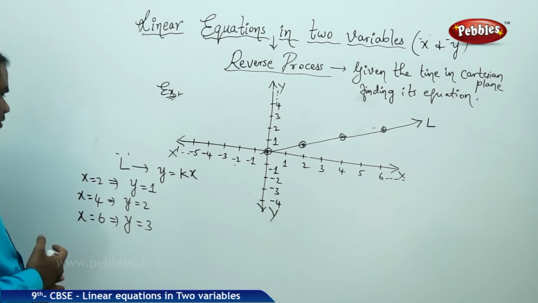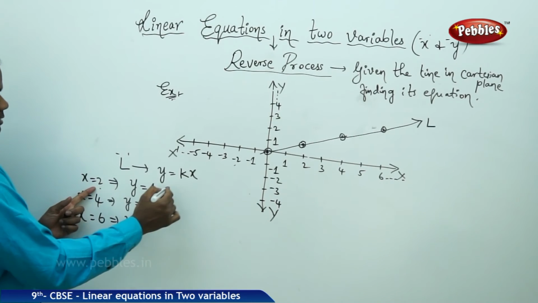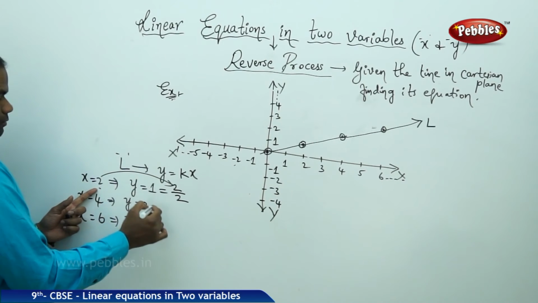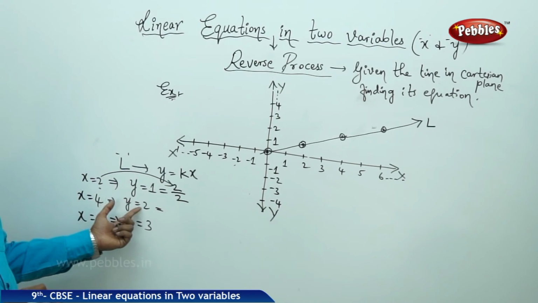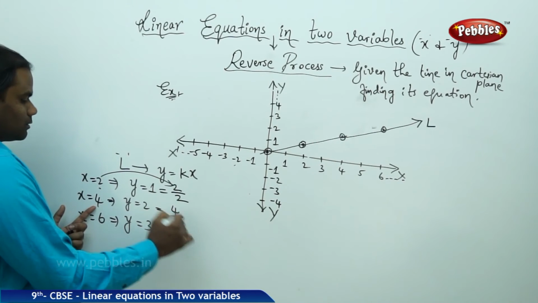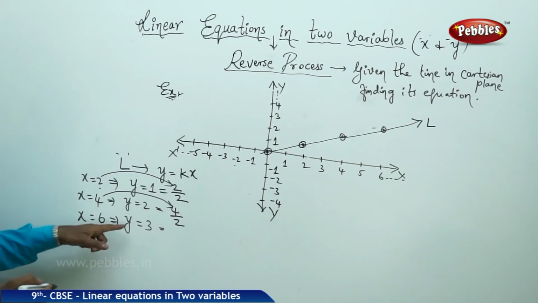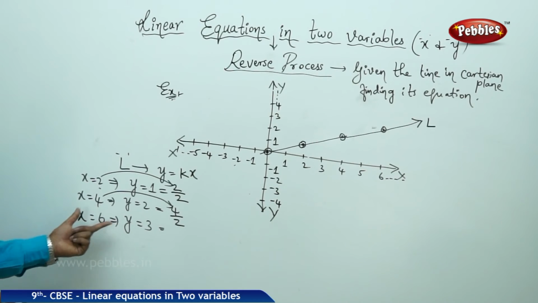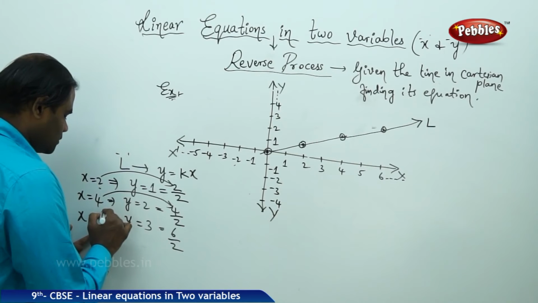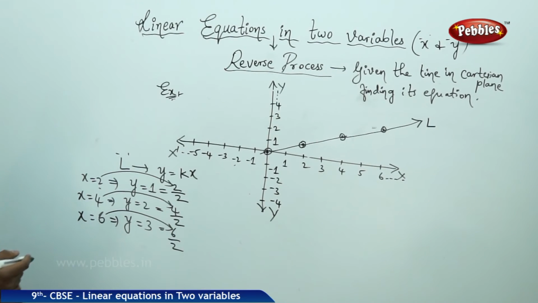Clearly I see here that y equal to 1 is 2 by 2. Similarly, when I have y equal to 2, it is nothing but 4 by 2, with 4 coming into the numerator. Similarly, when I have y equal to 3, obtained from the third point, it is nothing but 6 by 2, in terms of x.